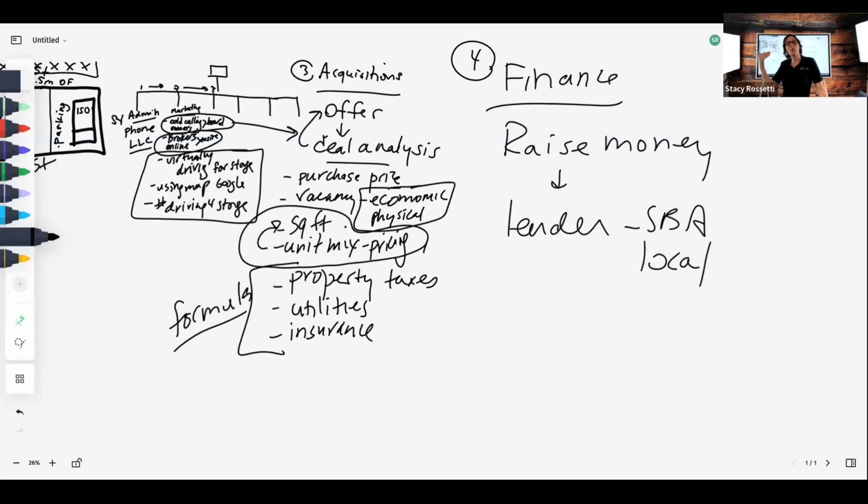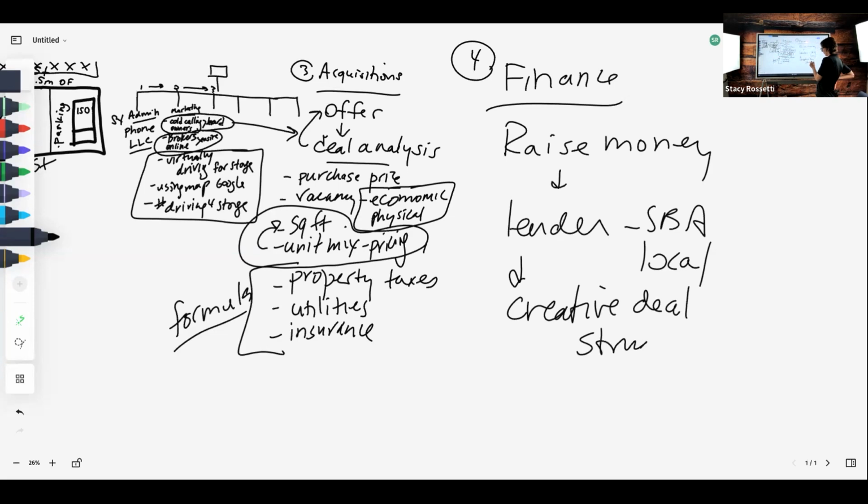But you have to understand that there are different types of loans out there and you have to run the numbers. Sometimes SBA works better than a local one, so you have to understand that concept. And on top of that, you can do some creative deal structuring.